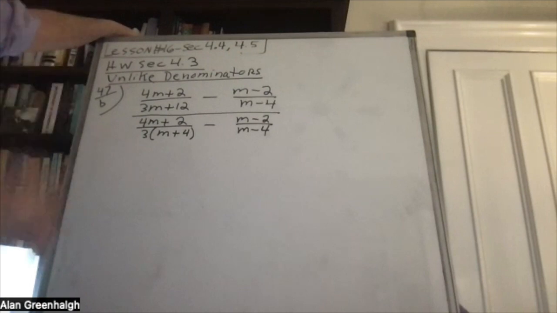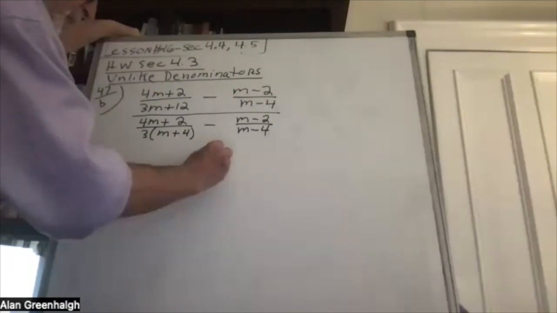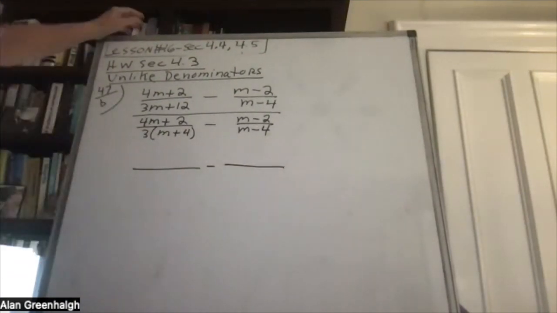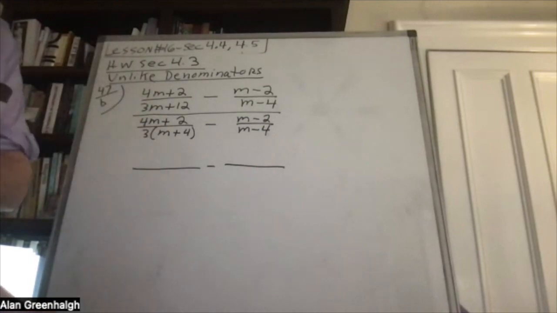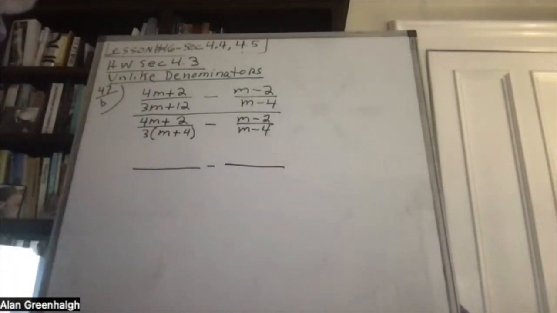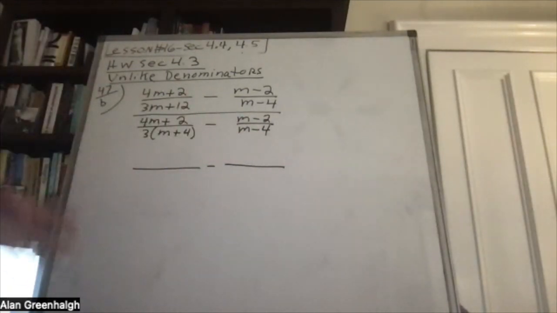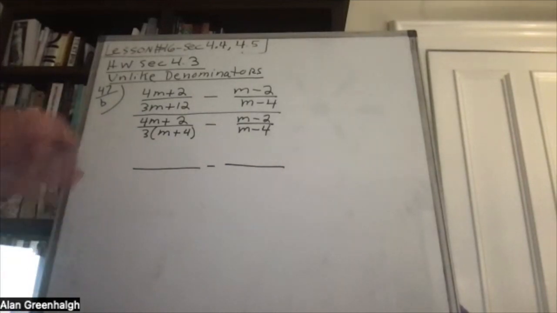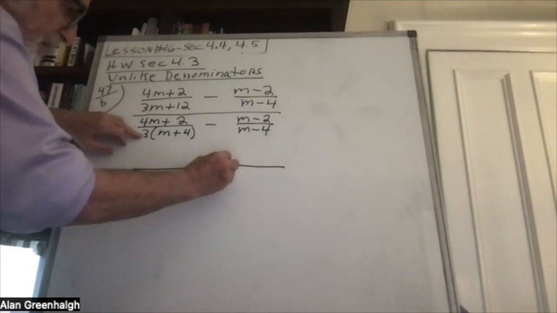We need to find the least common denominator. To put it very simply, the least common denominator has to have everything that the old denominators had, period. If there's a 3 here, the least common denominator has a 3.